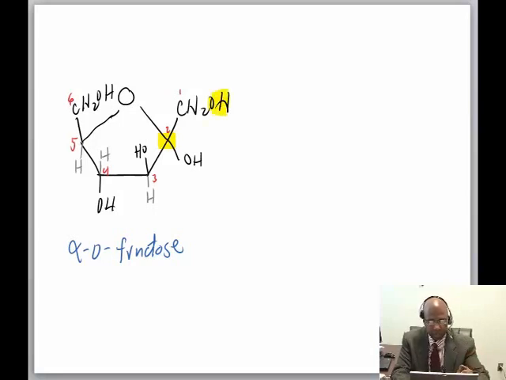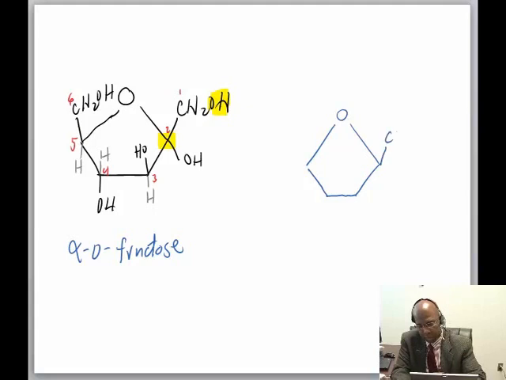So let us draw fructose again. Okay, this is our furanose ring, CH2O and PO minus. So we're going to put a phosphate there. We're going to do something different here for fructose. CH2O.